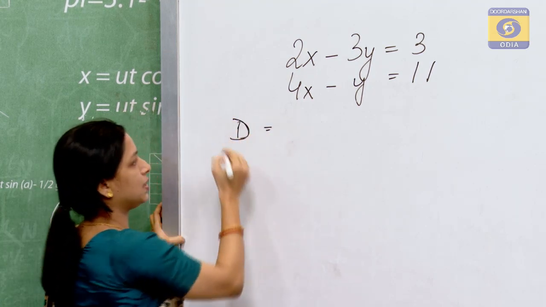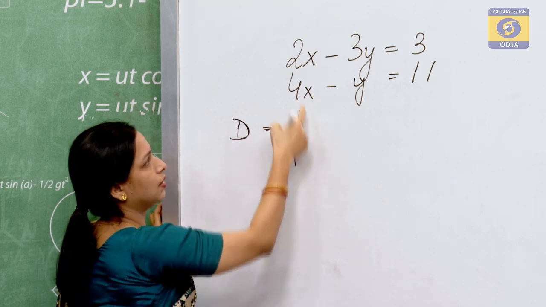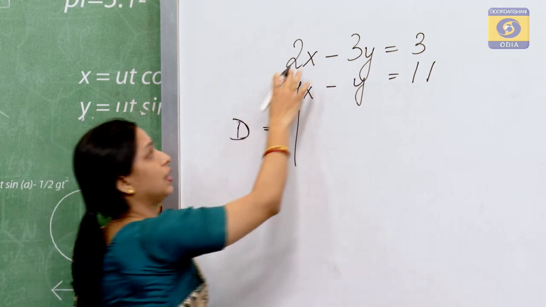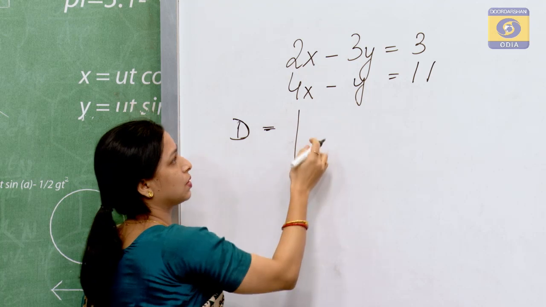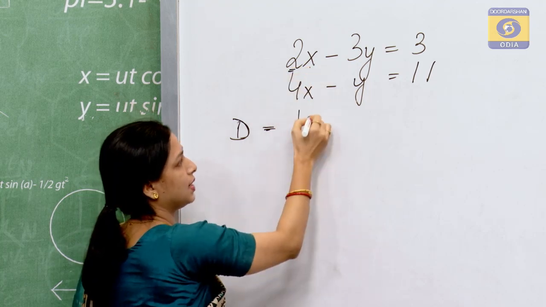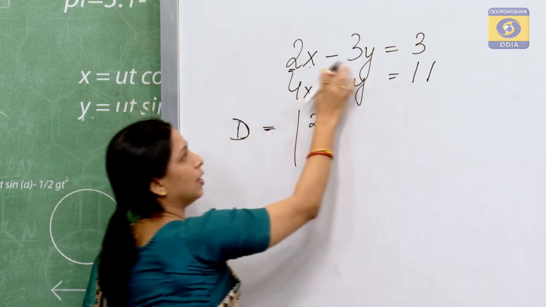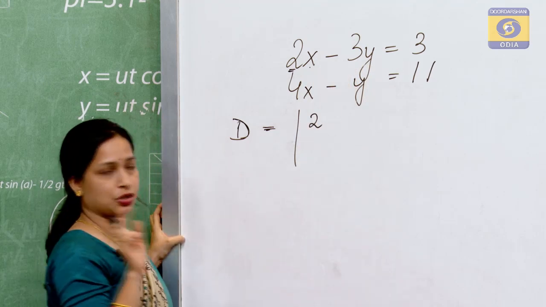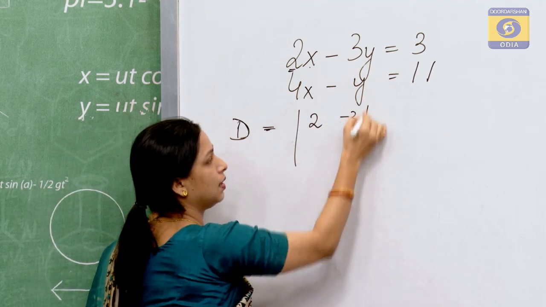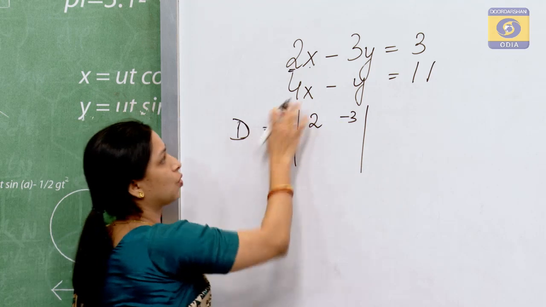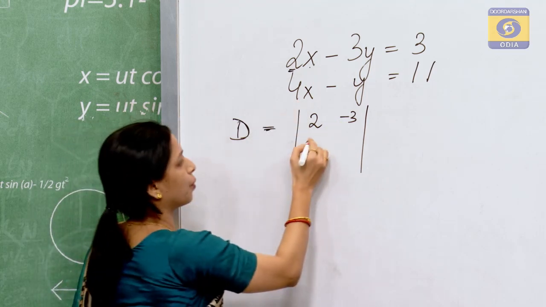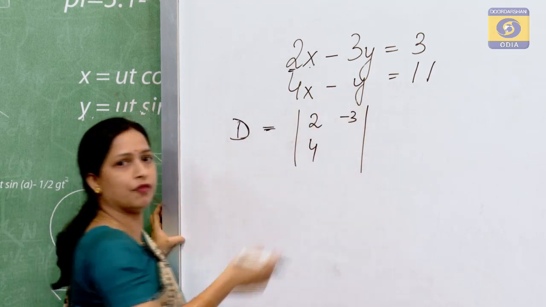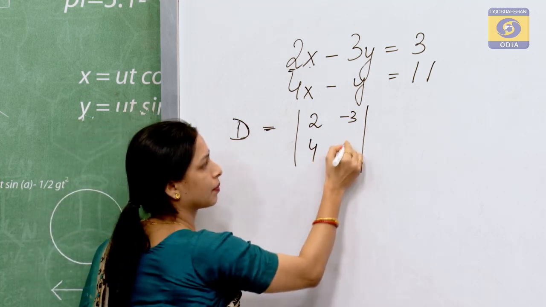Let us name it D. The determinant consists of the coefficients of the variables. Here the coefficient of x is 2 and the coefficient of y is minus 3. You must consider the sign. In the next row, the coefficient is 4, and here the coefficient is minus 1, right.